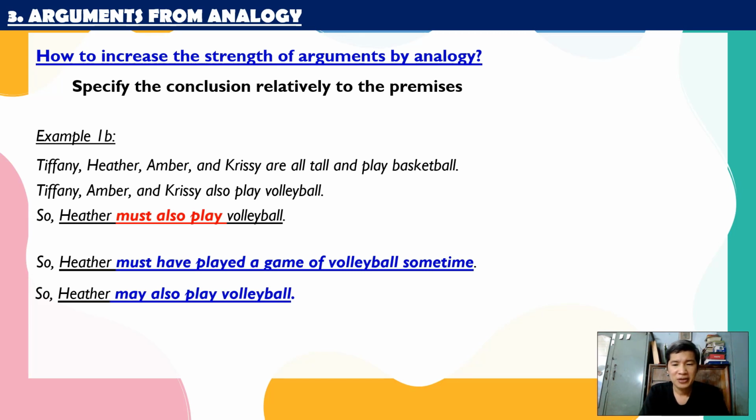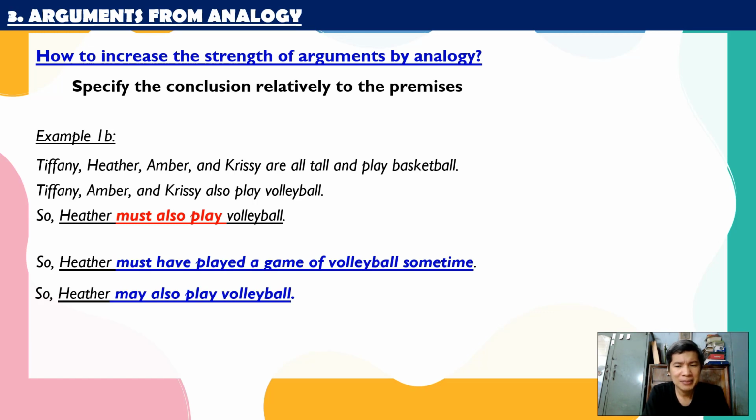So I guess that's enough for the lesson for today. For the causal arguments, you can just read the pages in the material. But remember, the main focus of this lesson is we try to make our arguments stronger, even though the conclusion is just possibilities.